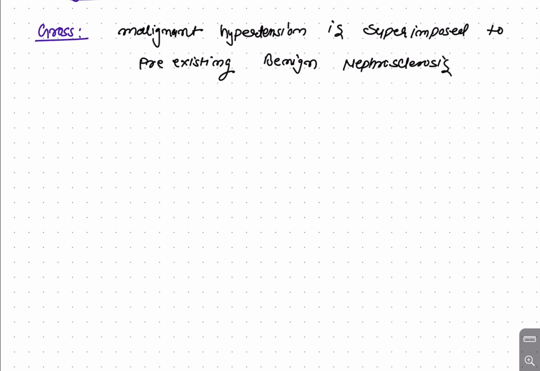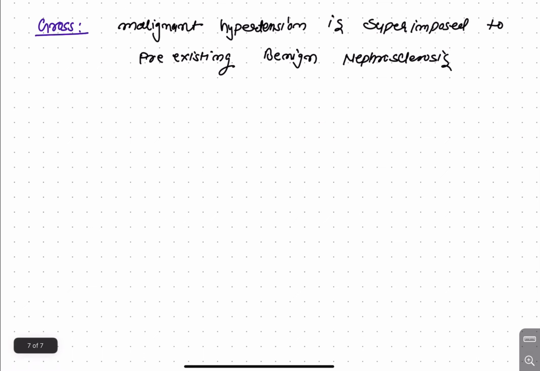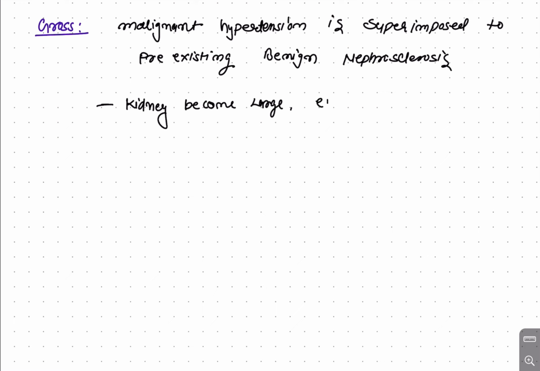The kidney becomes large, edematous, and petechial hemorrhages will be present, and the cut surface shows a red, yellow, mottled appearance.